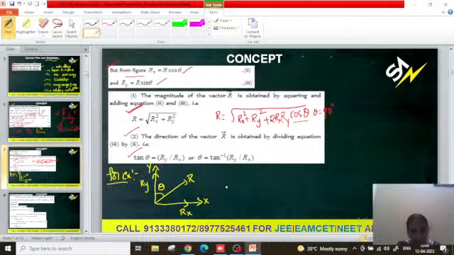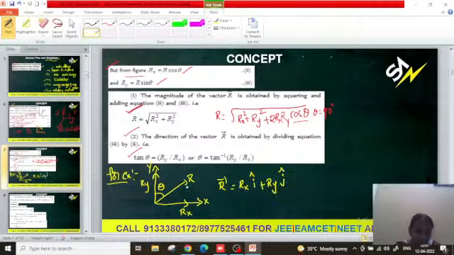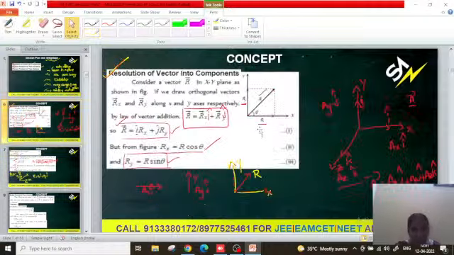So here we can write R bar is equal to Rx into i cap plus Ry into j cap. But the resultant vector here, this R bar, is making angle theta with the vertical. In the previous diagram we have seen it is making angle theta with the horizontal. So Rx becomes R cos theta, Ry becomes R sin theta.